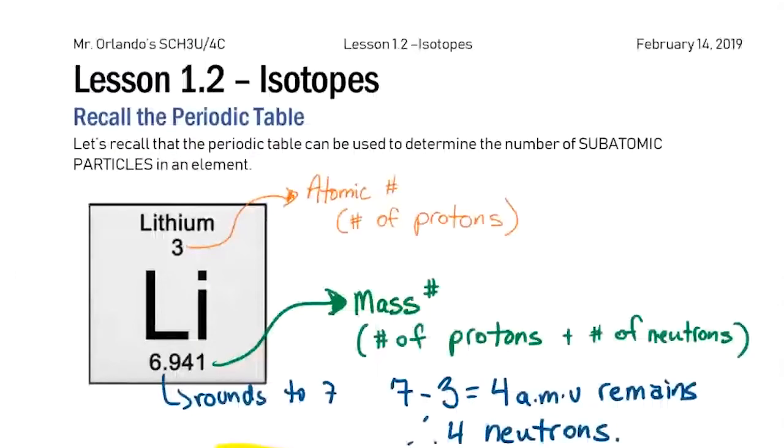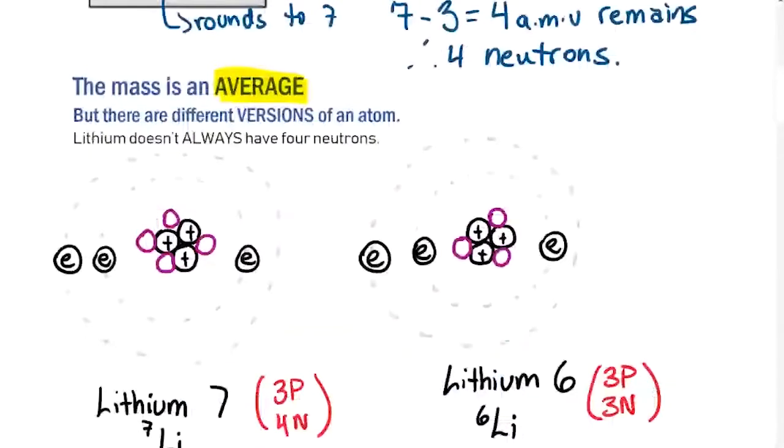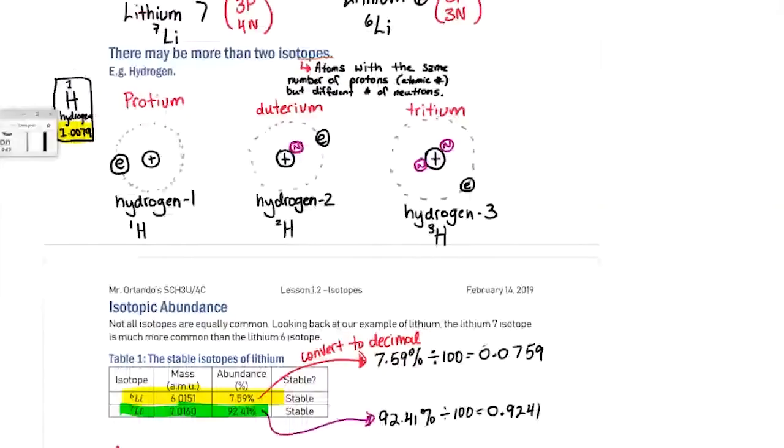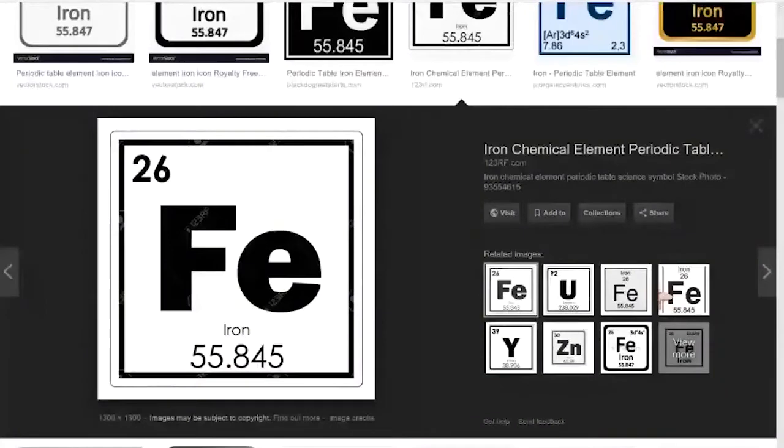One moment. Okay, there, so you can see iron does indeed have a mass of 55.845.